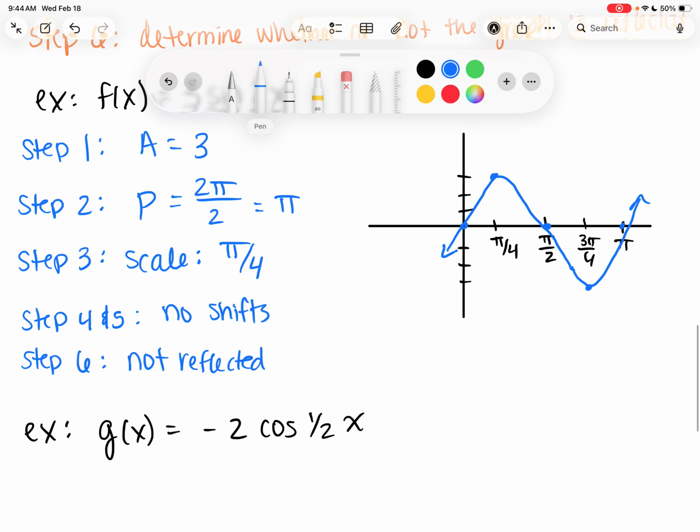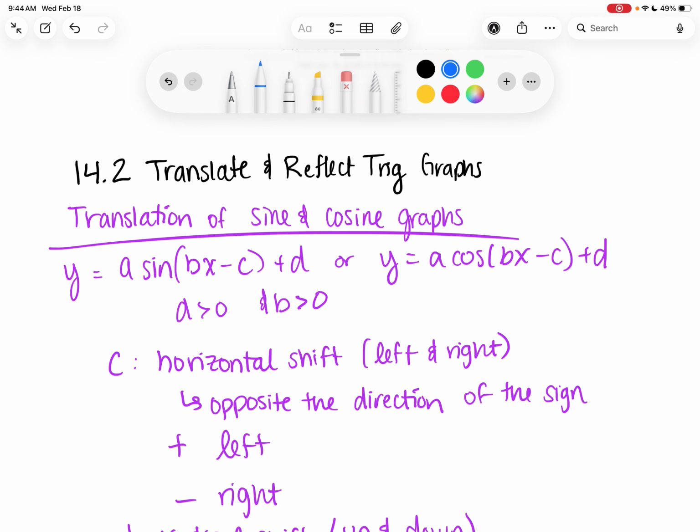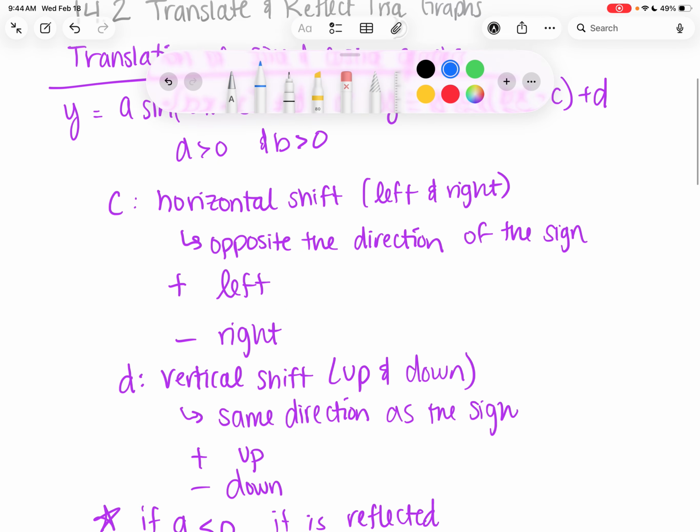The other thing that I was going to point out is that sometimes you'll see this parenthesis inside, between the b and the x, but it doesn't matter. They do different things, but it doesn't do anything different for what we're doing. So just be aware of that, but it still means that the b value goes with our x there.